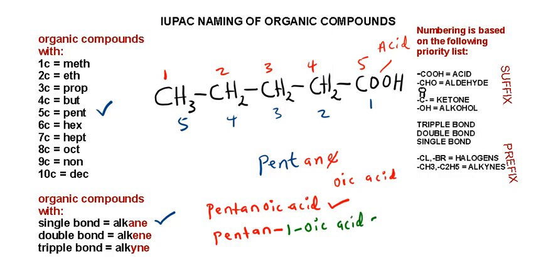The reason is that this acid functional group is attached to carbon number 1 in the backward direction. So we have 1-oic acid. We are not going to choose 5 because 5 is bigger than 1. We always go for the lowest number, 1, which is 1-oic acid. Is that understood?